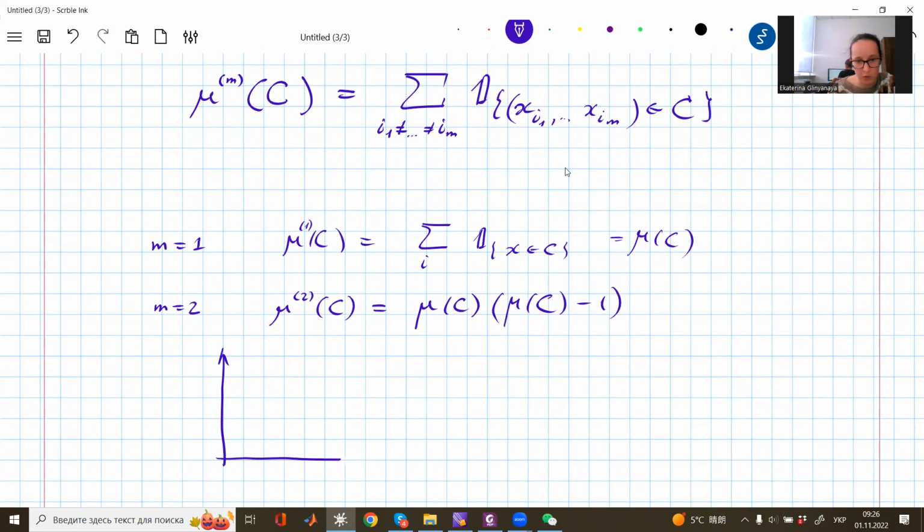So how we can understand this on the picture? On the picture, we want to define some product of the measure. So I draw a product of the space, and I have these points in my point measure.